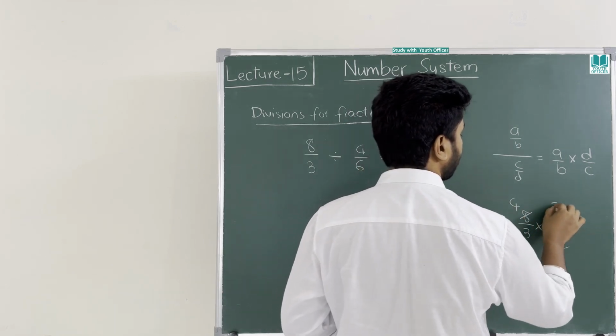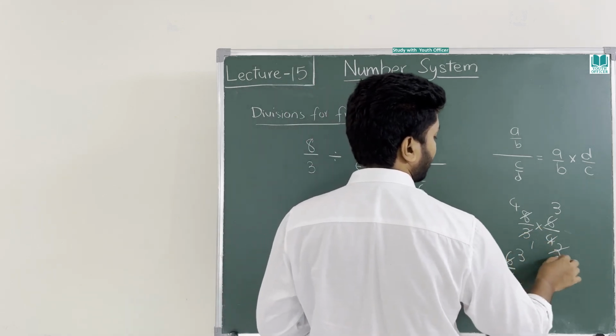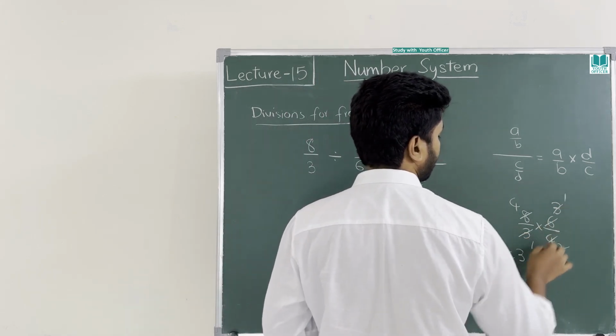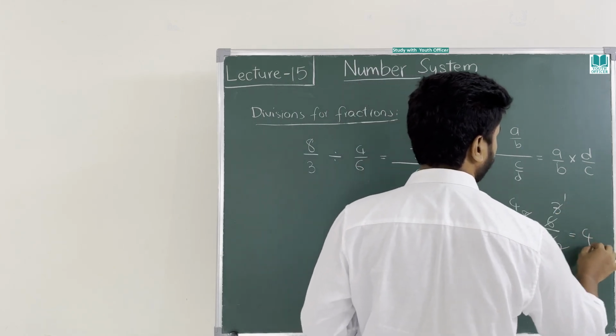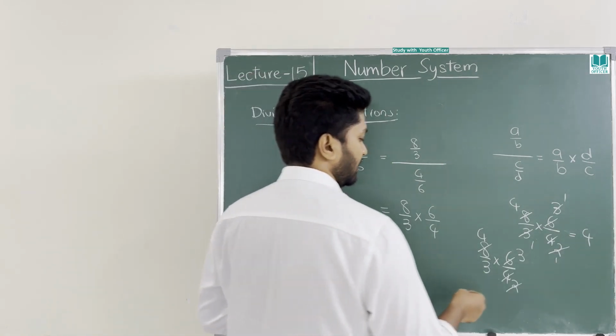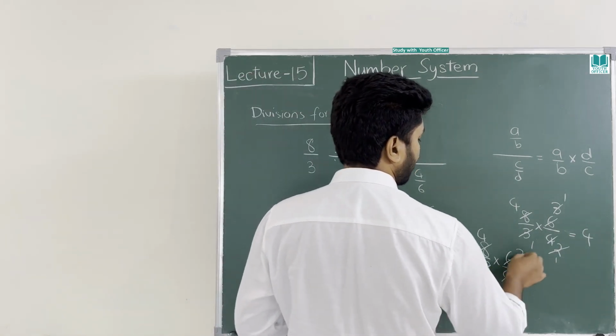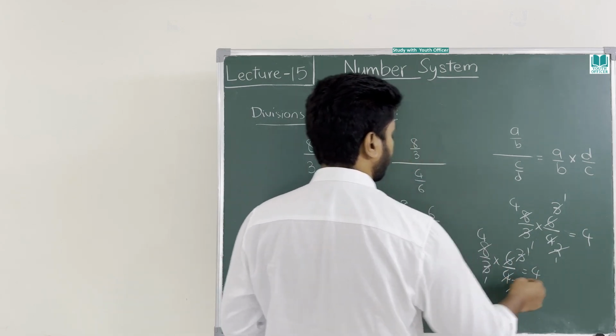I'll try to cancel here. Now third table can be cancelled one time. This is one time. Third table one time. Okay. The answer is 4. Right. Here third table one time. Answer is 4. 4 into 1, 4.